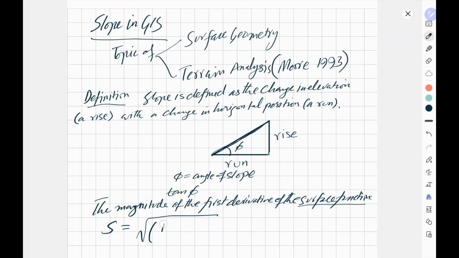If you take the partial derivative of f with respect to x, this will represent the slope in the x direction, and if you take the partial derivative of f with respect to y, this will represent the slope in the y direction, while the resultant slope will be represented by this equation. Because these two are rectangular components of a vector, the resultant vector will be like this.